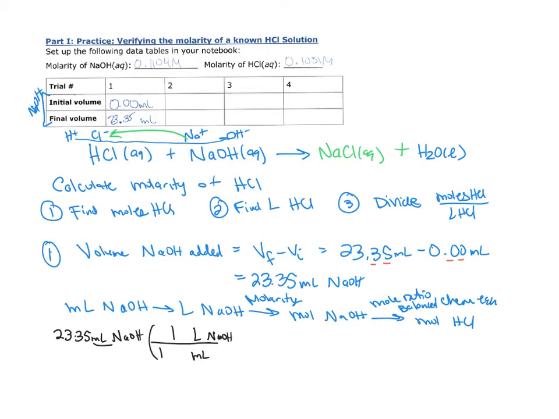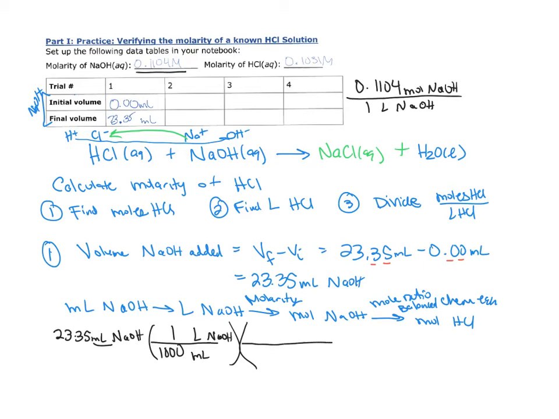So 1 liter I know contains 1,000 milliliters. I can then convert from liters to moles using molarity. So let's make a note of this. So we have 0.1104 molar NaOH, right, from this number here. That stands for moles of NaOH for every 1 liter of NaOH. That's a conversion factor.